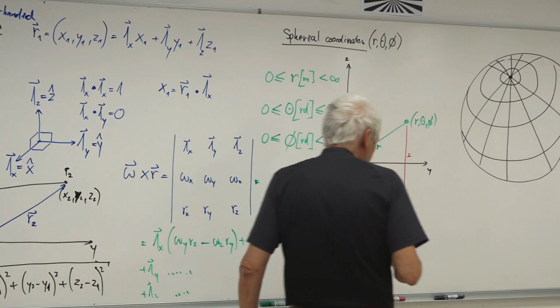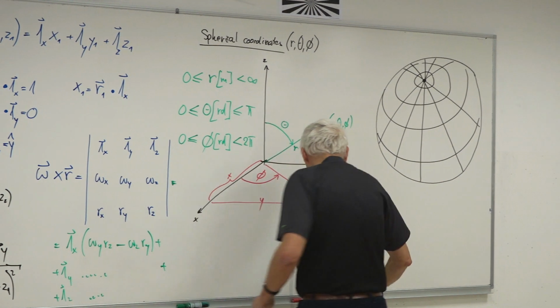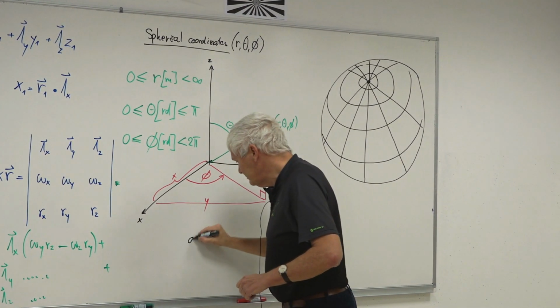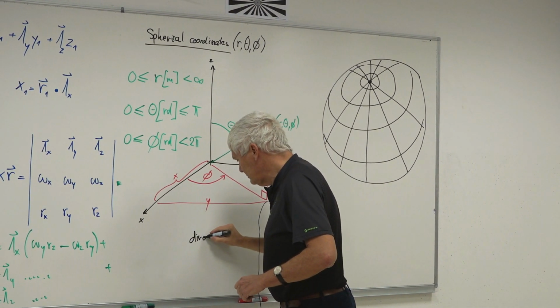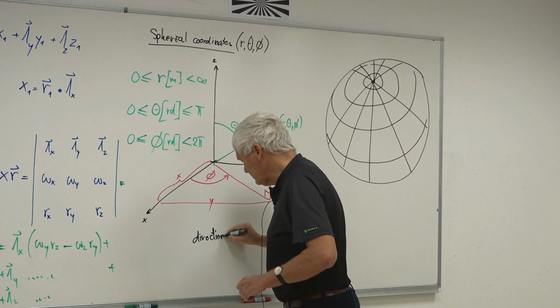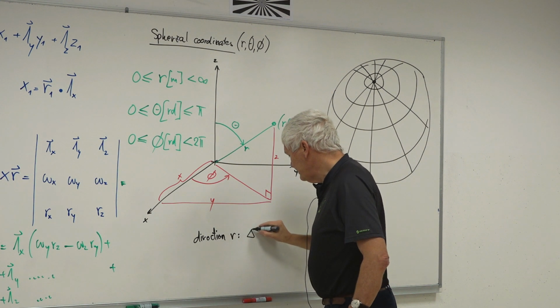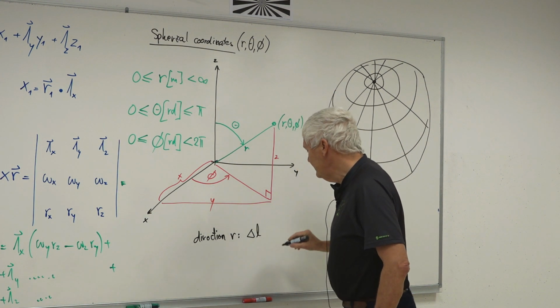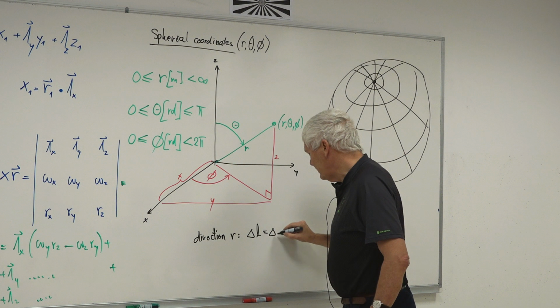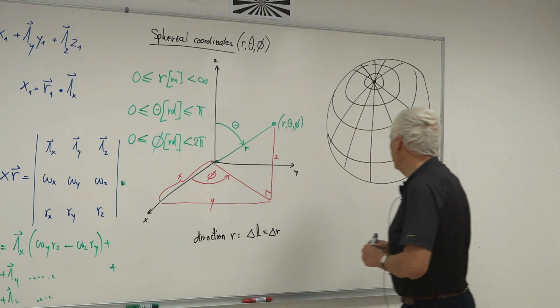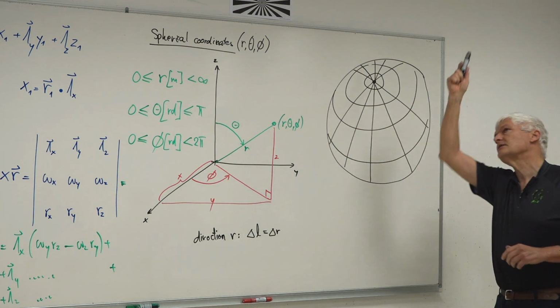Well, for r there is no problem. So if I go in the direction r, my travel, actual delta L, is equal to delta r, if I send a rocket straight above my head.